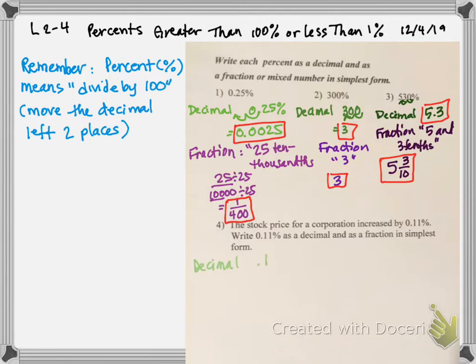We're going to take that percent value, cross off the percent and divide by 100 this way, and fill up those two gaps with zeros, and we get 11 10,000ths, which leads us to the next part, the fraction. We read it and we say 11 10,000ths.